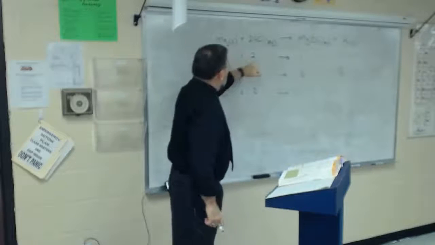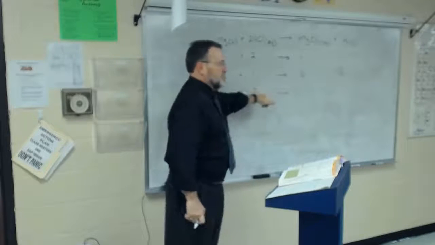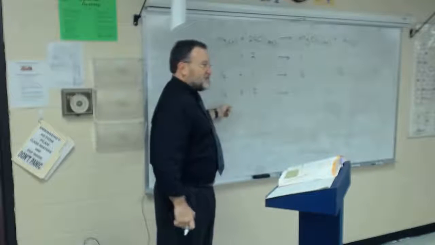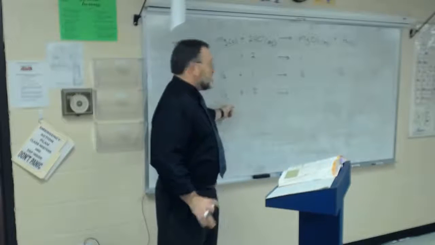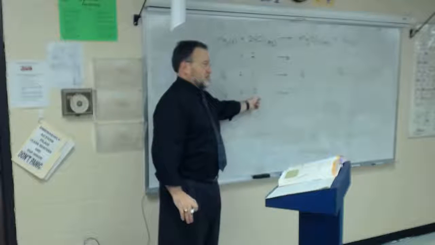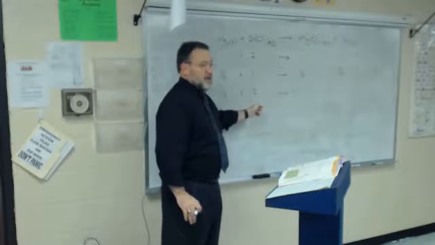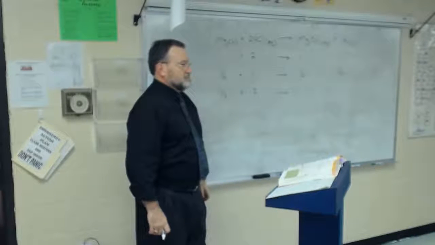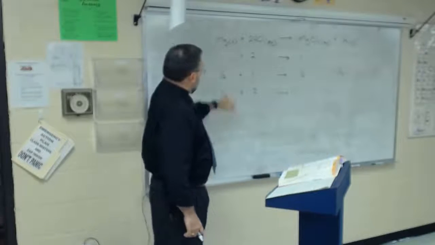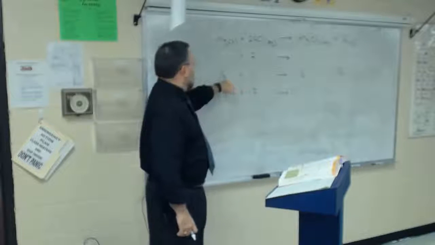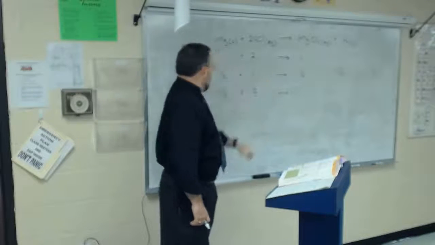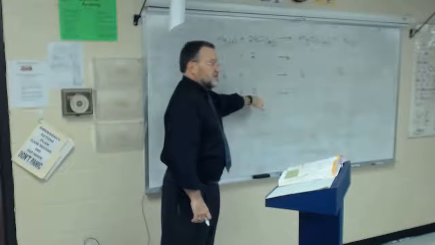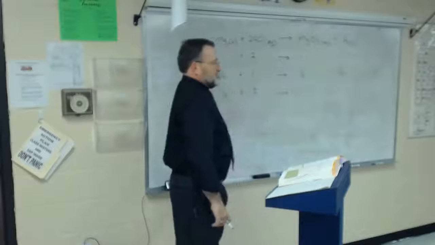If it compares 1 to 2, and I have 1/2 to 2, you see that this is being limited. I'm going to run out of this, and I'm going to have excess of this. Now, how much of this is going to be used up? When I do it perfectly, a 1/2 requires a 1, right? So this 1/2 is going to require one of these. For the reaction, only one of them is going to be used, right?